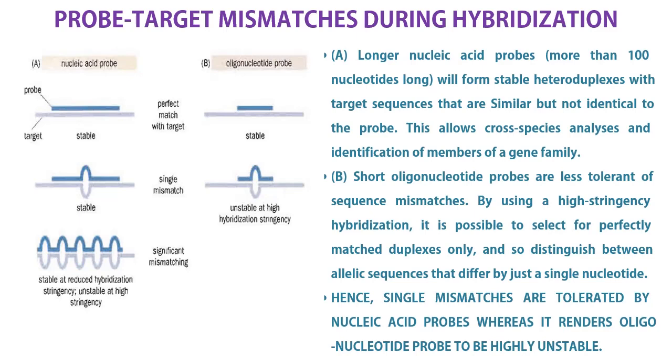By using a high-stringency hybridization, it is possible to select for perfectly matched duplexes only, and so distinguish between allelic sequences that differ by just a single nucleotide. Hence, single mismatches are tolerated by nucleic acid probes, whereas they render oligonucleotide probes highly unstable.